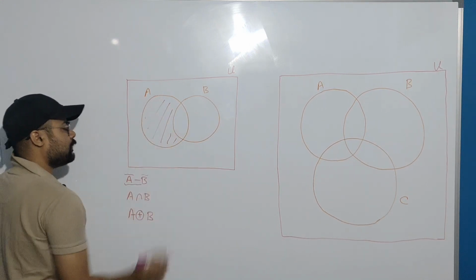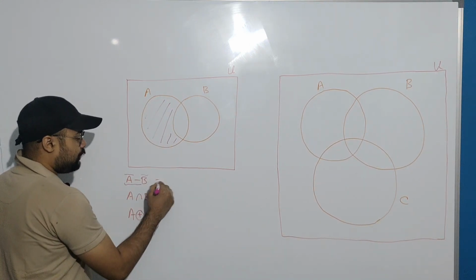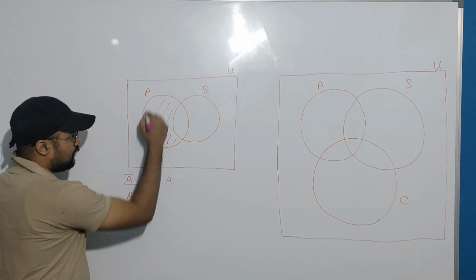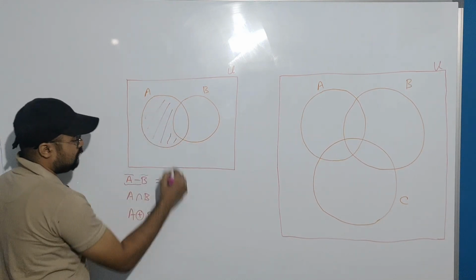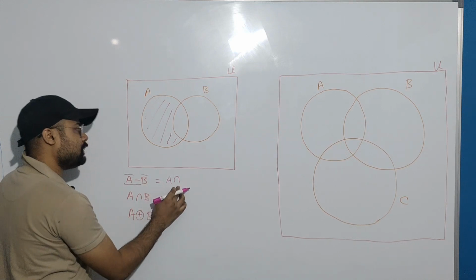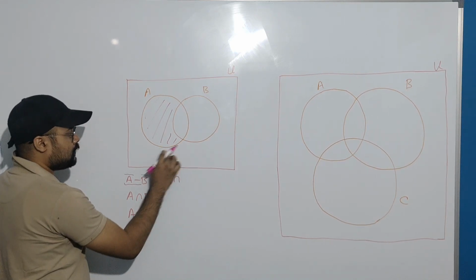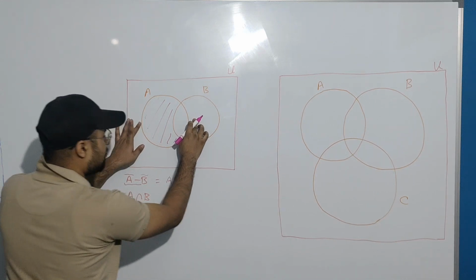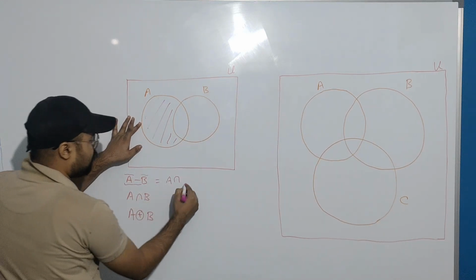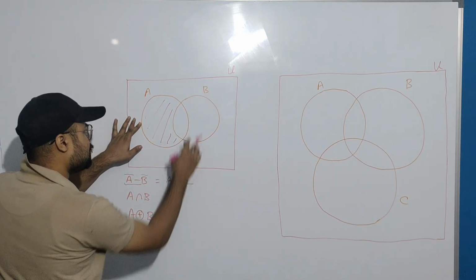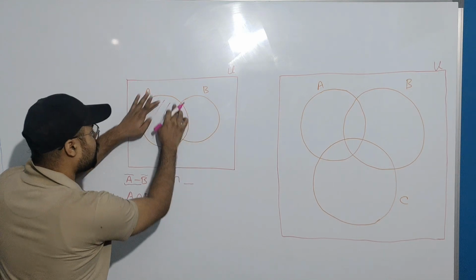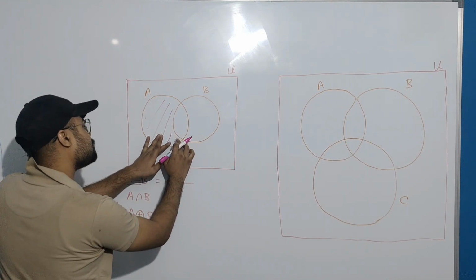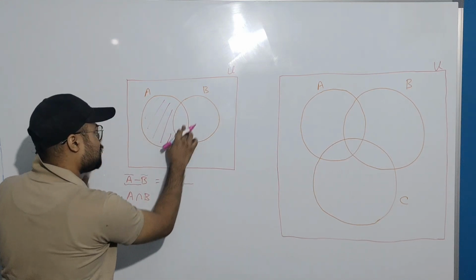So how can you get this A minus B? One of the ways we have seen is A intersection B complement. This is the whole of A, then intersection, whatever you are going to write here has to include all of this, and should not have this area.